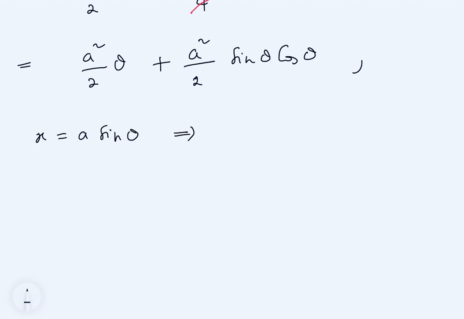Now this implies that x divided by a, so we divide both sides by a, is equal to sine theta. If we apply the inverse sine function on both sides of that expression, we get that theta is equal to sine inverse of x over a. So now theta is equal to sine inverse of x over a, and you can replace theta with sine inverse x over a.